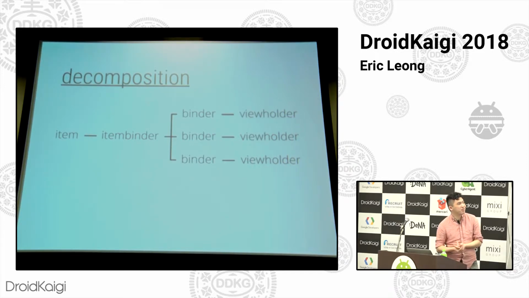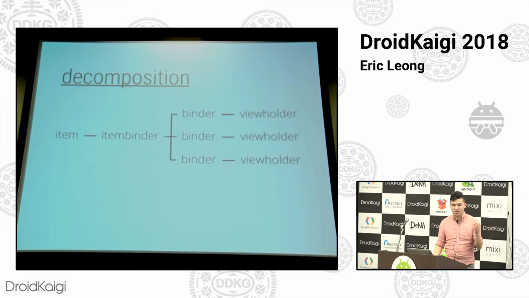The item binder really only serves the role of decomposition, because at the end of the day, you are still just binding the item. Inside of RecyclerView, you have the create or inflation phase, and the bind phase.